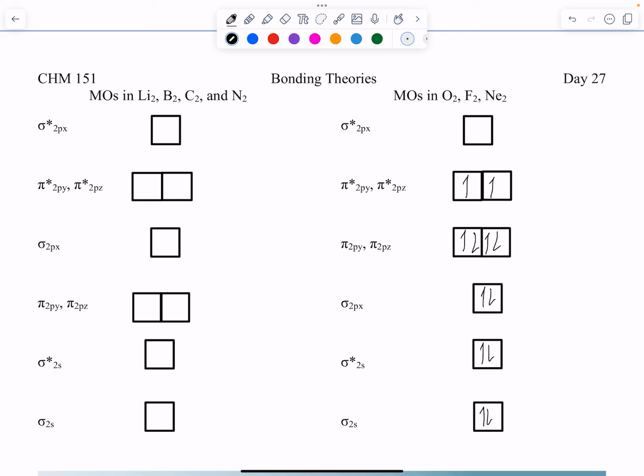That's how oxygen actually works with its MO diagram. And so its bond order: all the bonding ones, bonding, bonding, bonding, 2, 4, 6, 8. 8 minus antibonding, 2, 4. 8 minus 4 would be 4, divided by 2 is 2. It's a double bond. That's great.